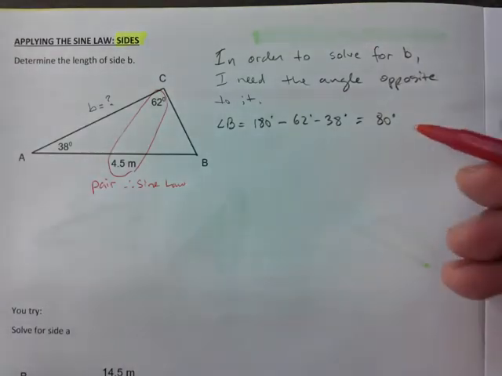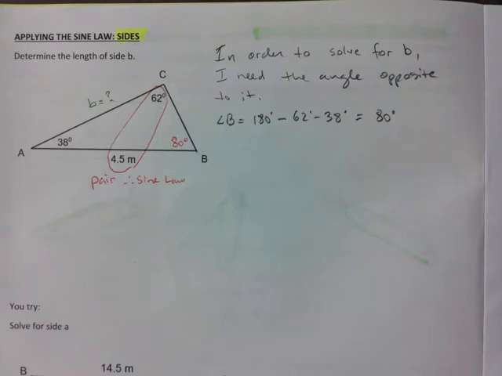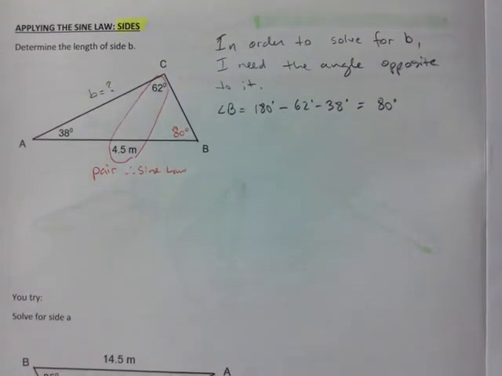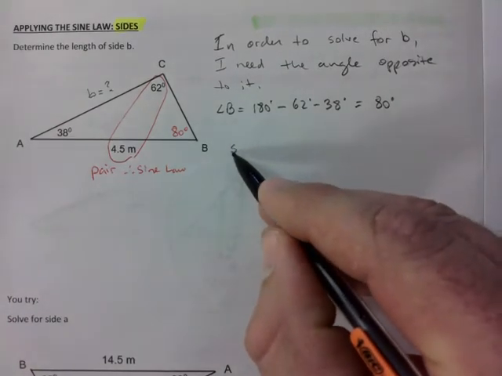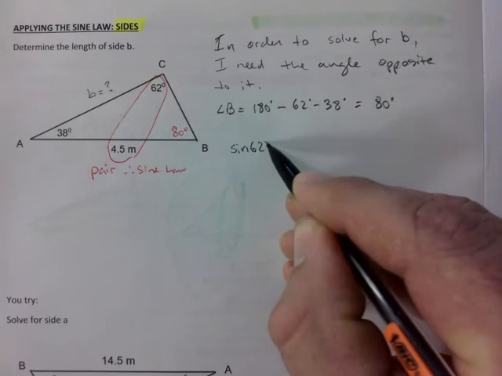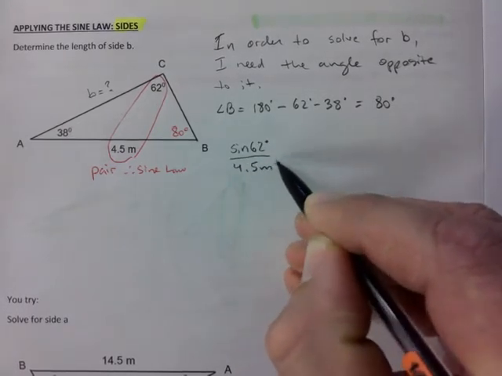I'm going to write that in red so you can now see that it's there. We solved for it. So sine law is actually very easy if you just know what you're doing, right? Sine of 62, I start with my pair every time. That's just how I do it.